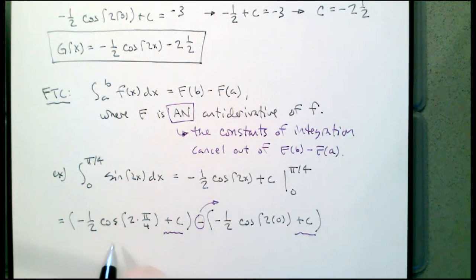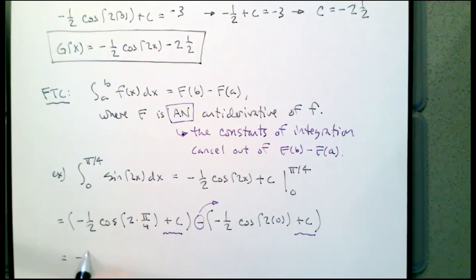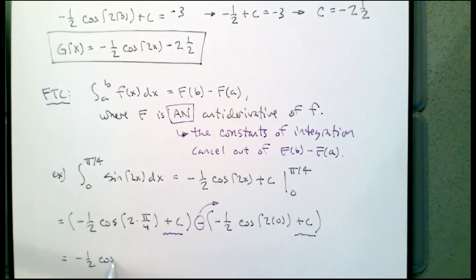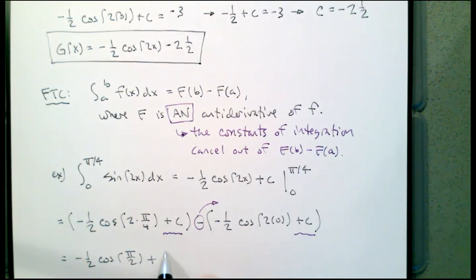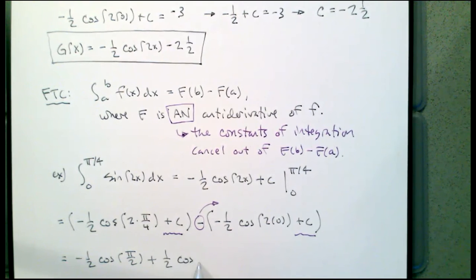So we have minus 1/2 times the cosine of pi over 2. Minus and minus makes plus 1/2 times the cosine of 0.